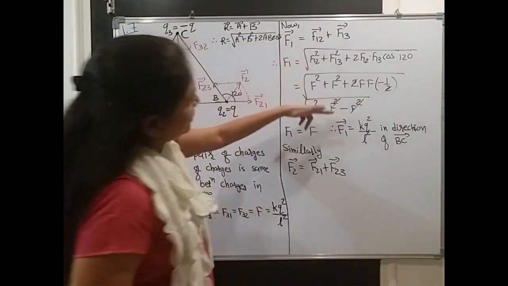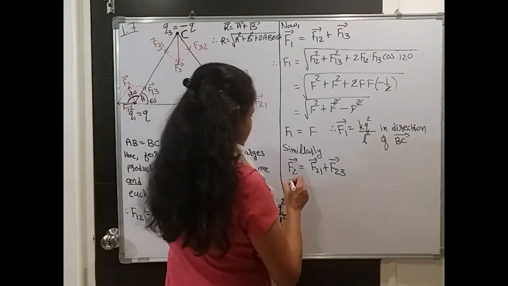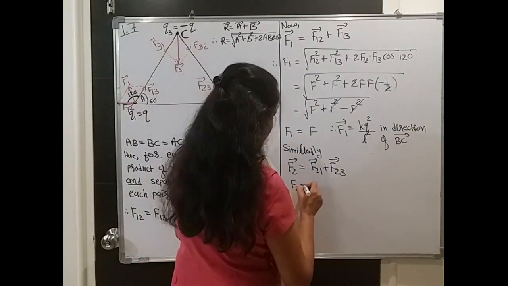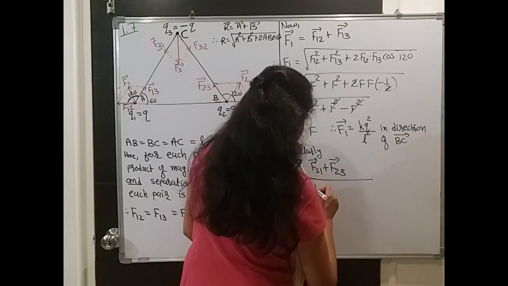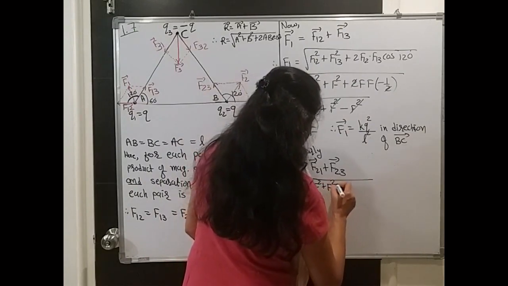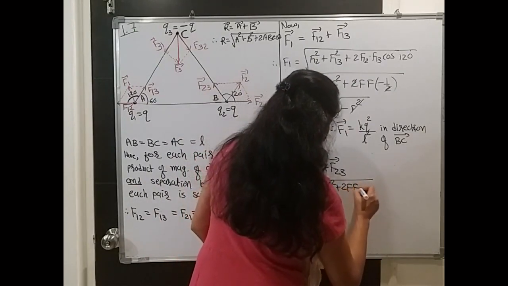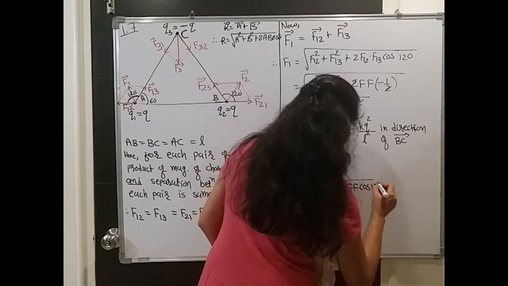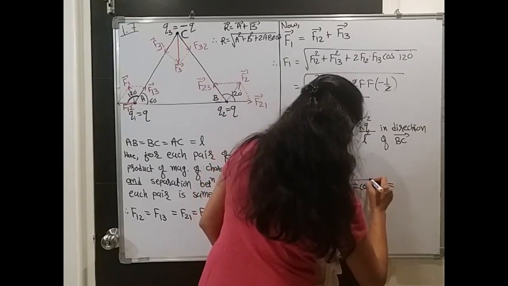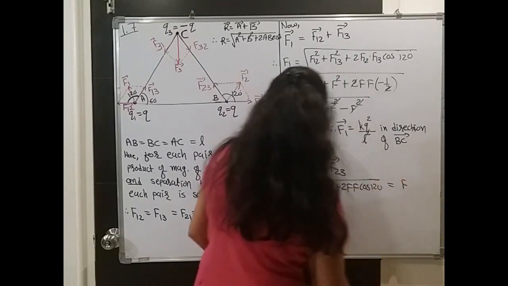Okay. Using the same procedure, I can say that F2 equals under root F square plus F square plus 2FF cos 120, that will give me F.